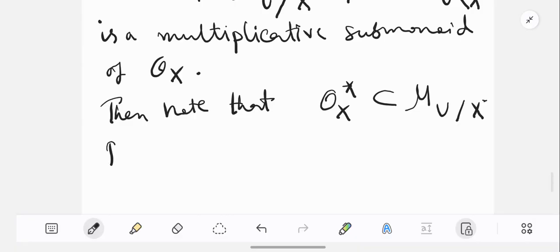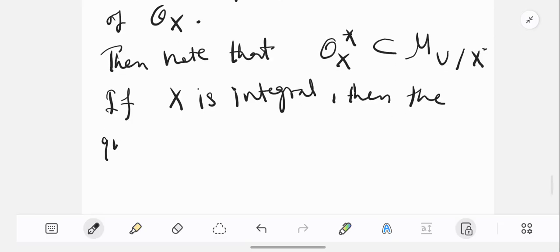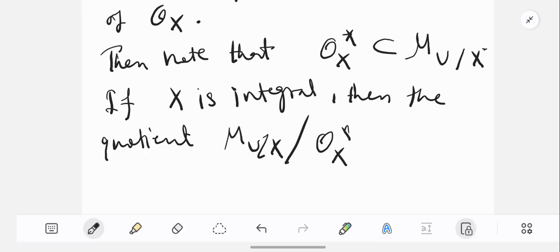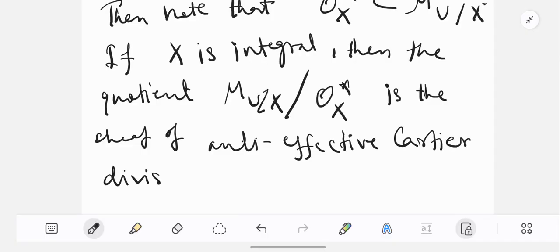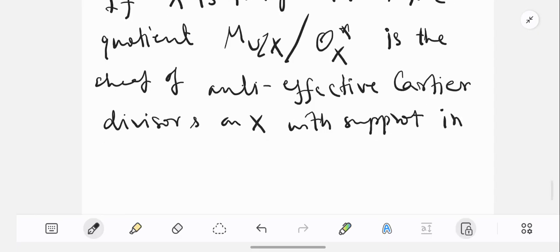So now if X is integral, then the quotient of M_{U/X} by the sheaf of units of the structure sheaf is just the sheaf of anti-effective Cartier divisors on X with support in Z, which is the complement of U in X.